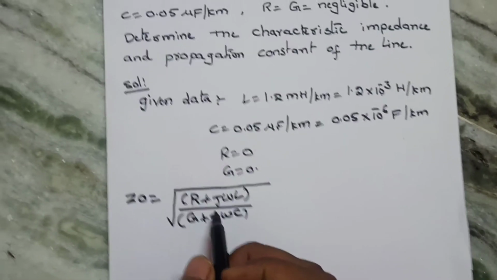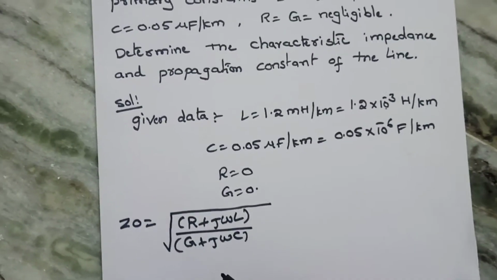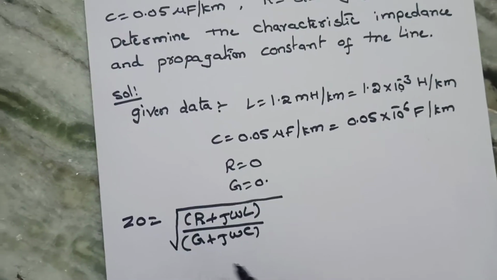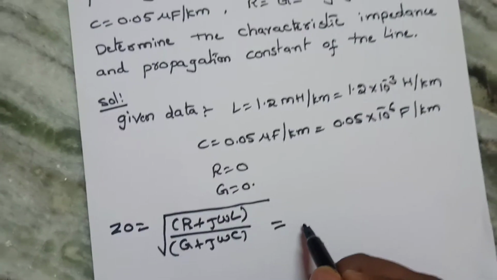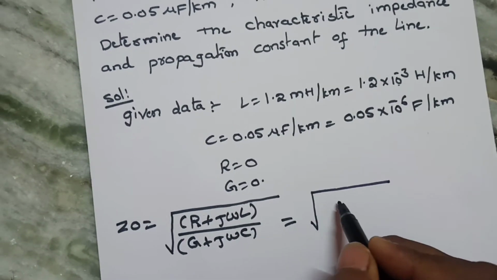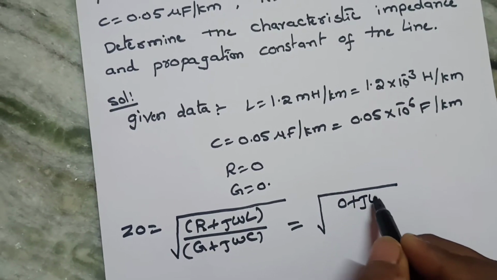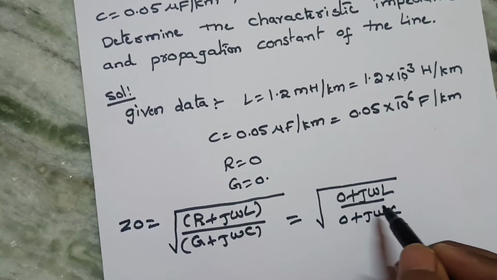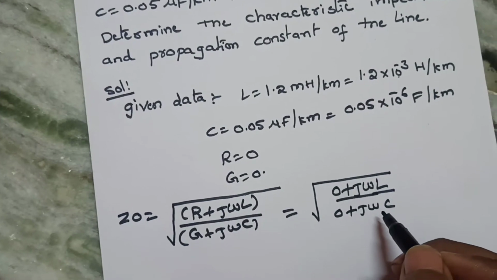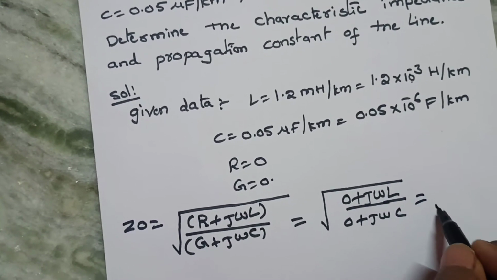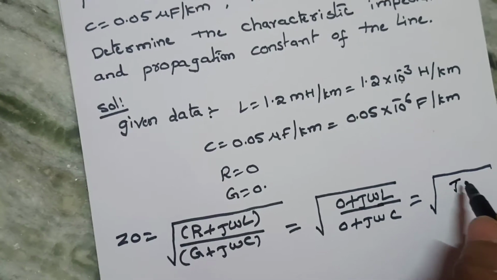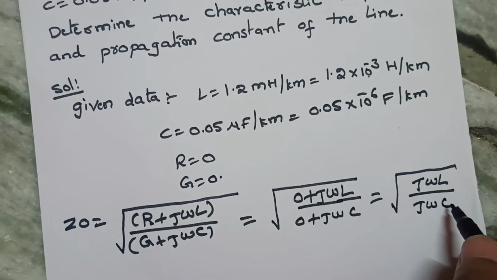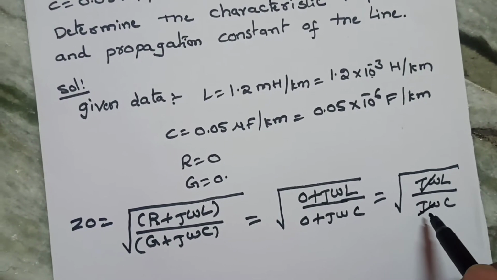In this formula, we have to substitute the given values. R is equal to 0, G is equal to 0. Then the equation becomes square root of 0 plus j omega L by 0 plus j omega C, that is, j omega L by j omega C. So j omega both are cancelled.